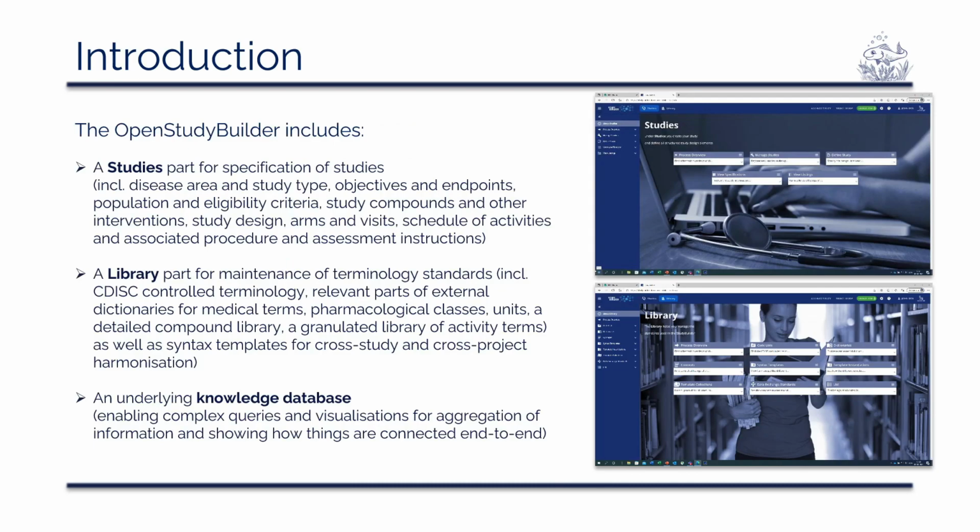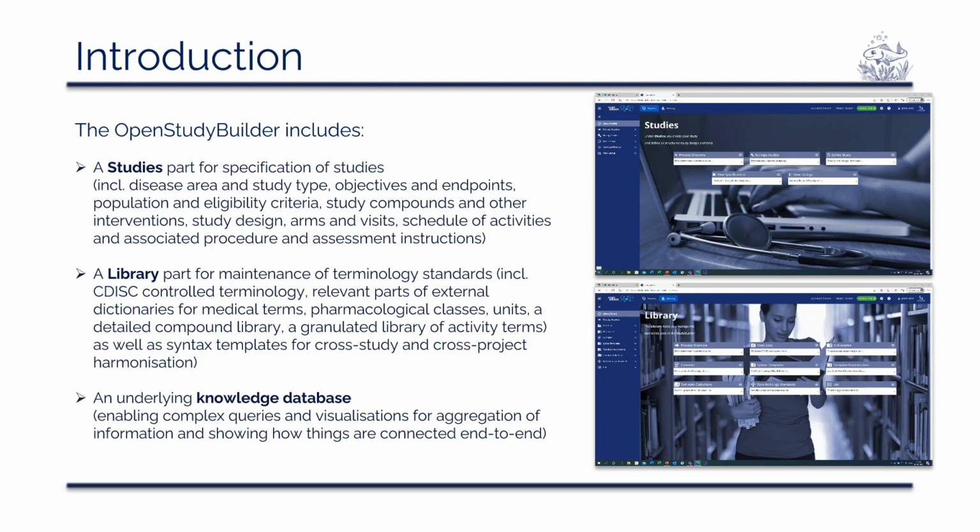When you look content-wise at the OpenStudyBuilder, it has three parts. It has a study part where you define everything for the study, including the disease area, objectives, endpoints, and so on. Then there's a library part, which is the classical metadata repository. Here you have your CDISC controlled terminology, but also sponsor-specific controlled terminology, and other dictionaries.